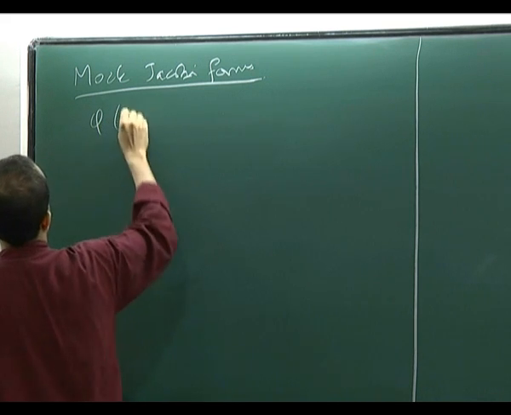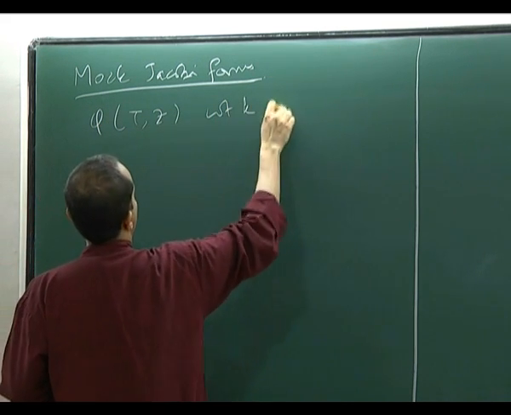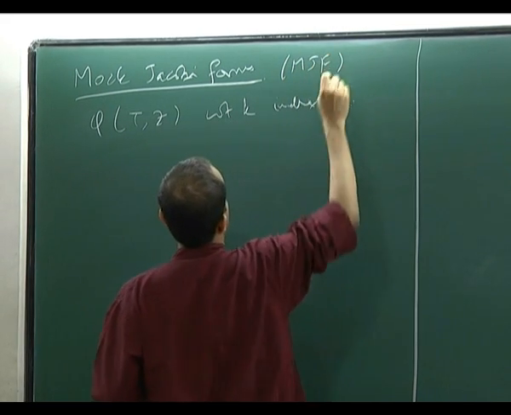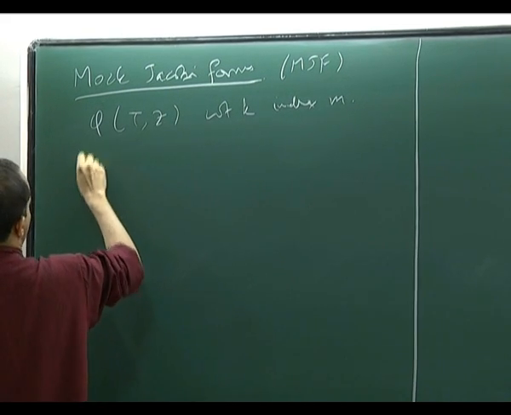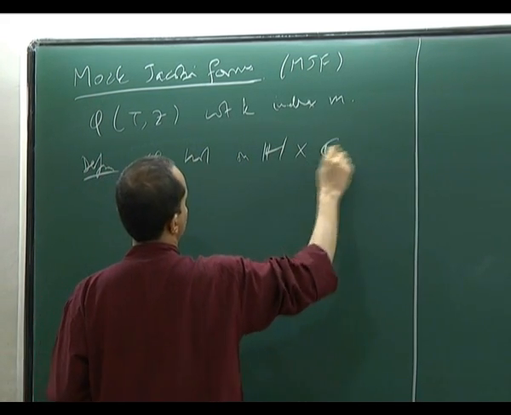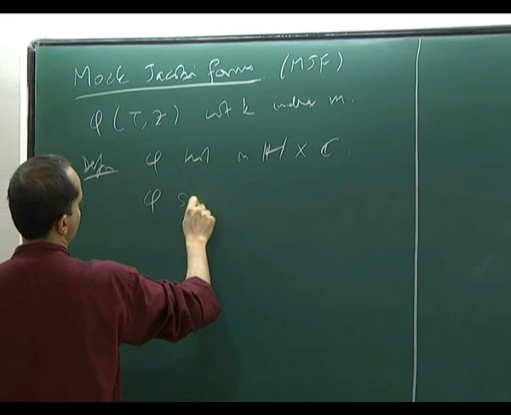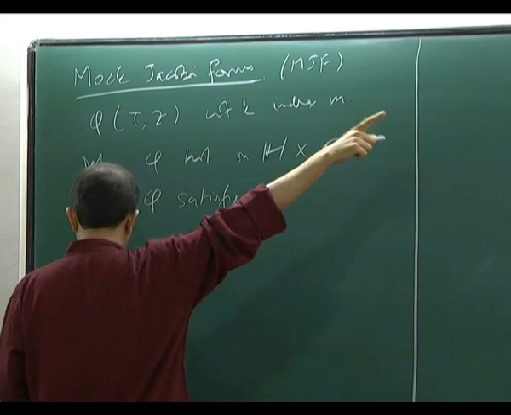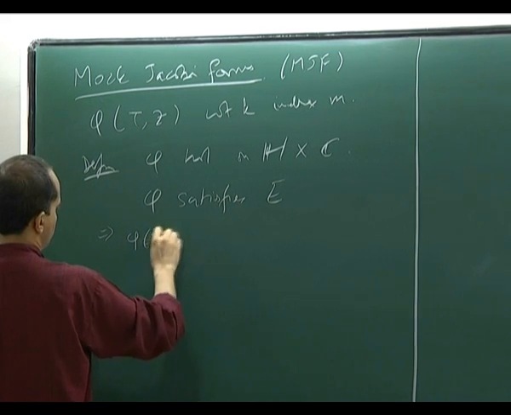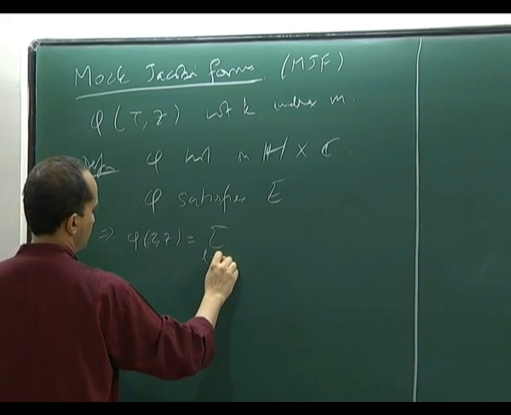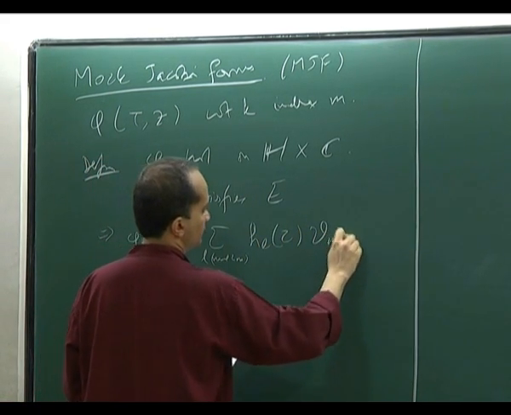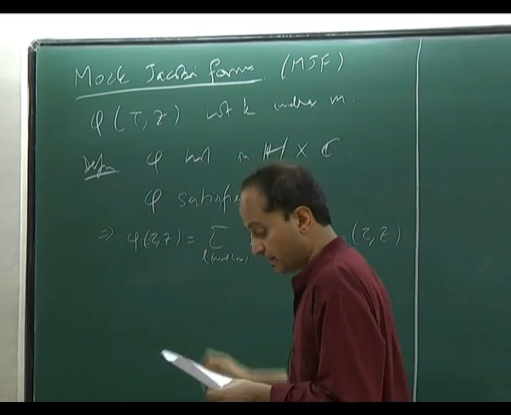So phi of tau, z, weight k, index m, is a mock Jacobi form if phi is holomorphic in both variables, and phi satisfies the elliptic property, which means that phi of tau comma z can be written as a sum over L mod 2m of h_L of tau times theta_{m,L} of tau, z, exactly like before.